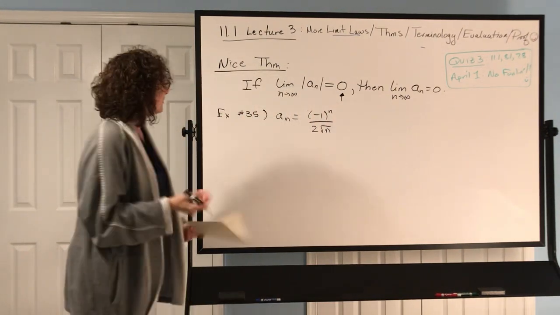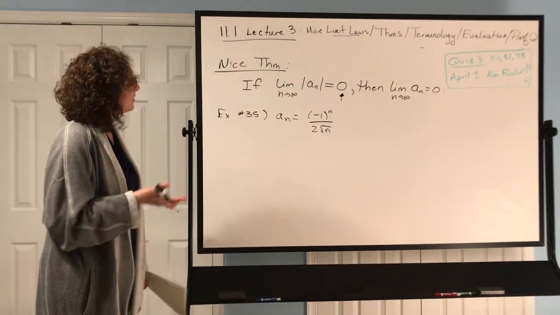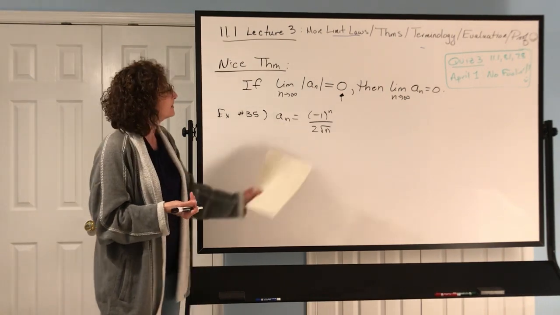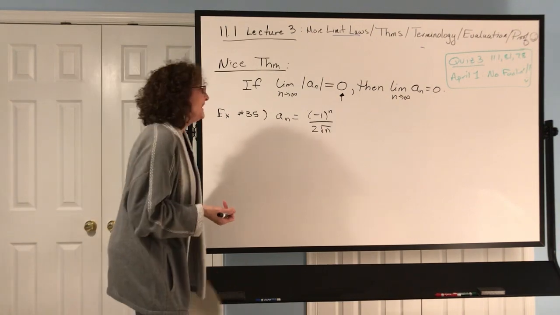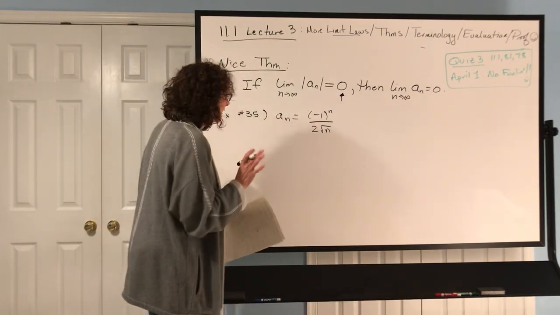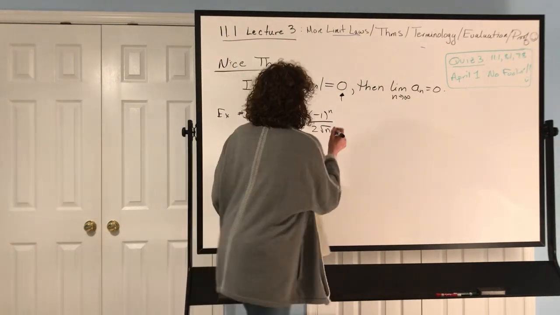Again we're asking, does this sequence generated by these a_n's converge or diverge? And dealing with that (-1)^n, that might be a little bit annoying, right?